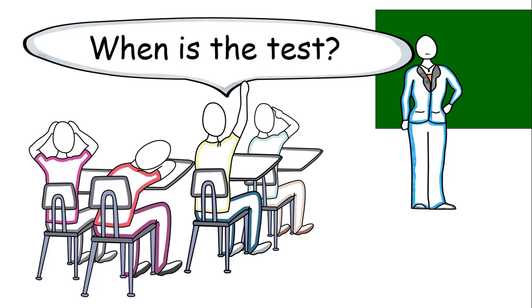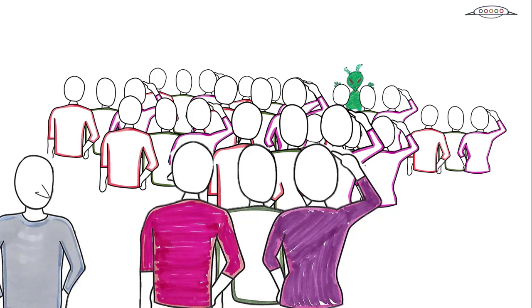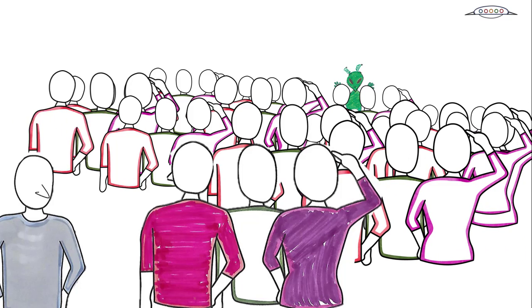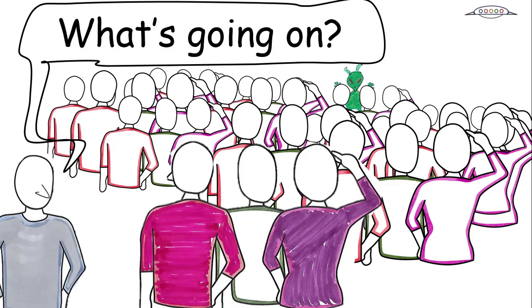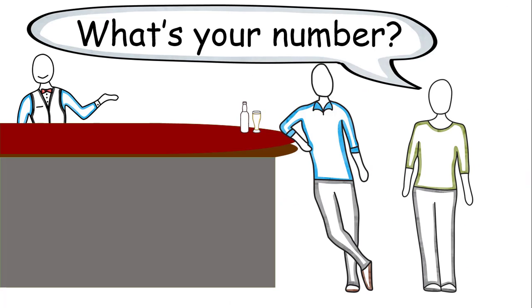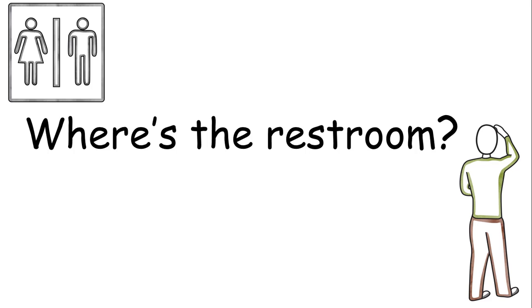When is the test? It's good to know when the test is. If you see a crowd and you're curious, ask, what's going on? If you meet someone who you like, you can ask, what's your number? And of course, we all need to know, where's the restroom?